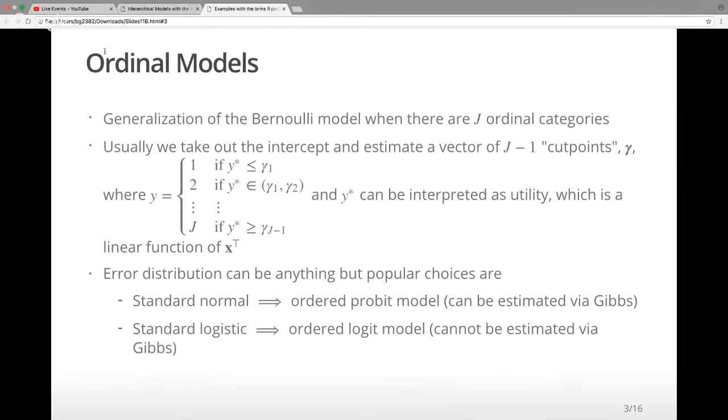The other one that is popular is to use a standard logistic distribution for the error values going into utility. That yields an ordered logit model. As far as I know, that can't be estimated using Gibbs sampling. Not that it matters. You could estimate either one of these using Stan, and it doesn't make a whole lot of difference between them.